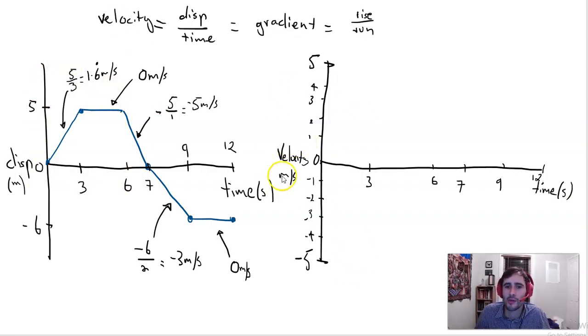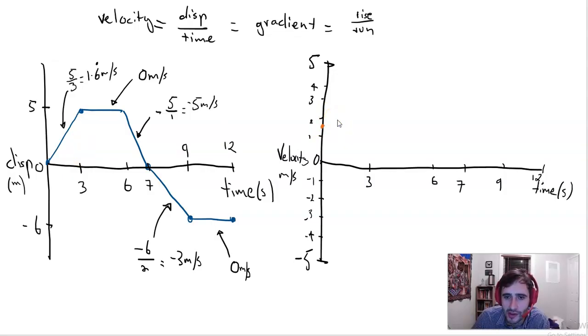Okay. So now we need to have a look at what's going on. We need to start graphing. Our displacement starts at 0. Our velocity in this case doesn't actually start at 0. It doesn't start at the origin. Our first velocity is 1.6 meters per second for 3 seconds. So 1.6 is about halfway there.